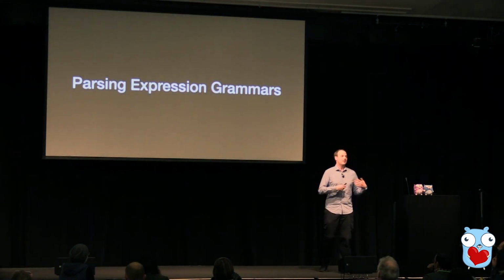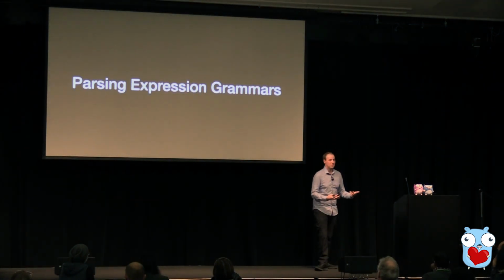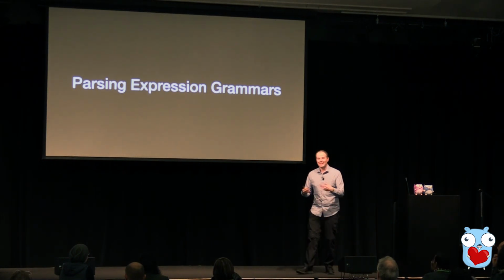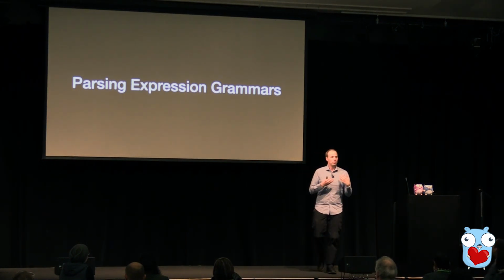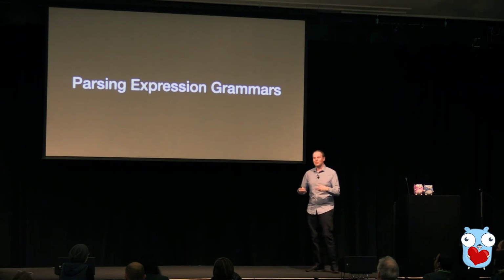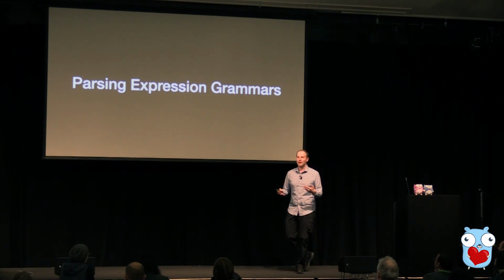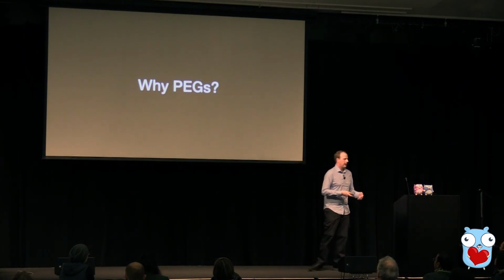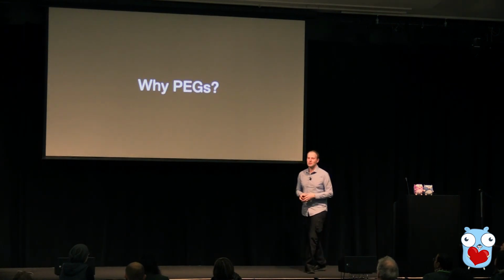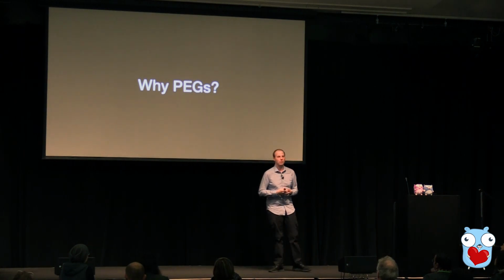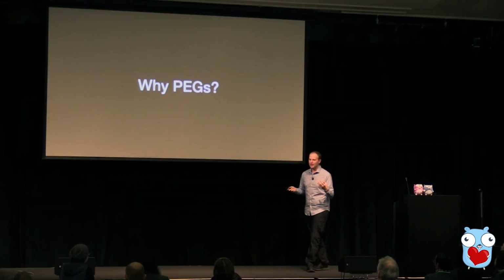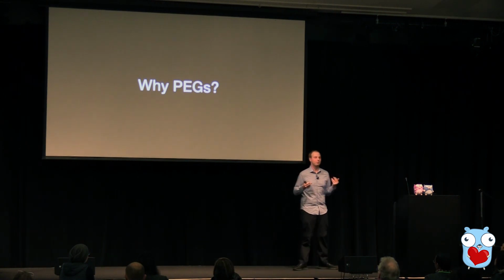Parsing expression grammars are the next step that you would take after you've written that first parser and understood that there's really nothing more than code generation going on here for you. Parsing expression grammars, or PEGs for short, give us a way to take the grammar that we would have to write out by hand or in comments and allow us to generate code directly from that.